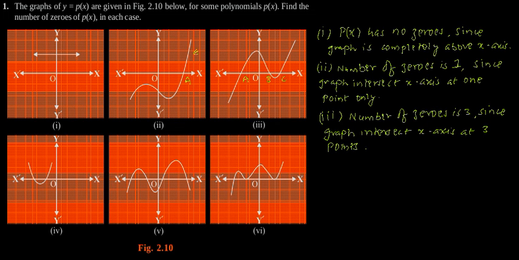Now the fourth graph. In the fourth, we can see that the graph intersects the x-axis at A and B. So the number of zeros is 2.